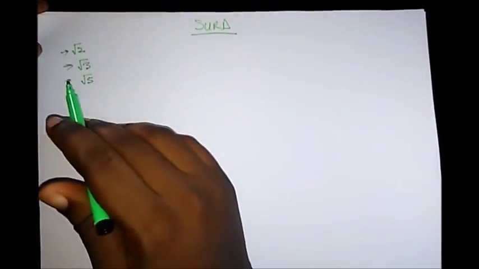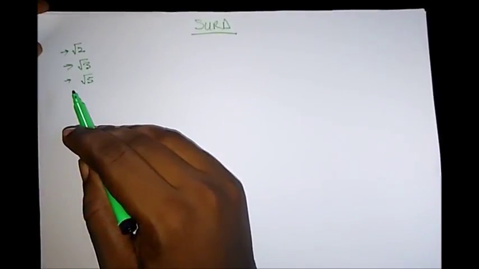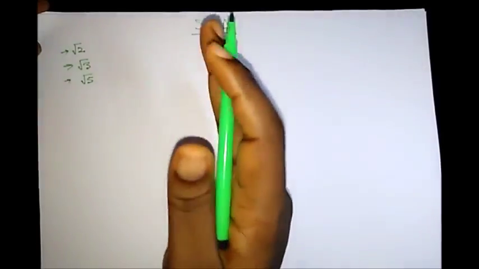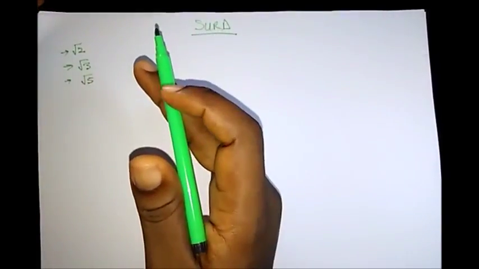There are several other examples, and also surds have their own basic operations of addition, subtraction, multiplication, and division. So we're just going to take a rundown of the several operations on surds.